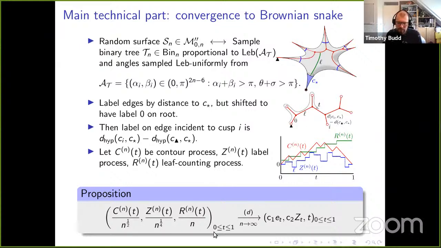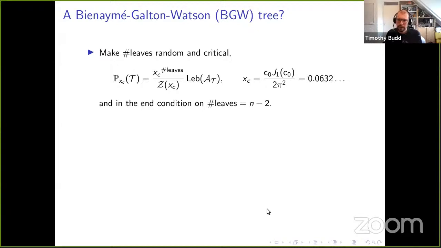Okay, so let me give you some hints as to why this particular convergence holds. From the planar maps, we're really used to proving this, or other people are used to proving this convergence, when we can find some nice BGW, Galton-Watson trees in the representation that we have.